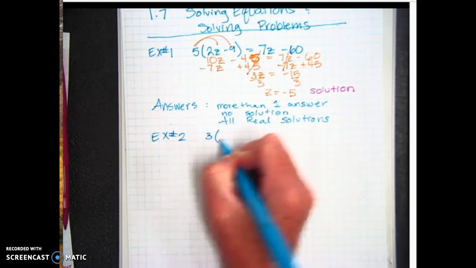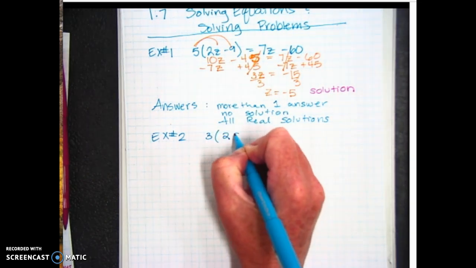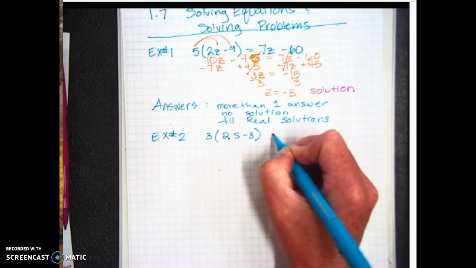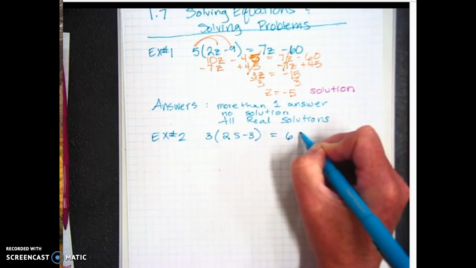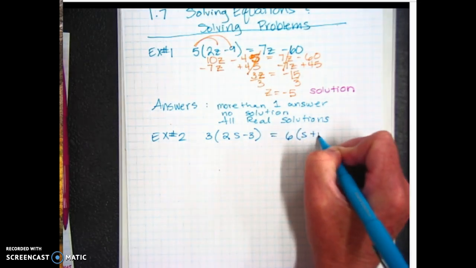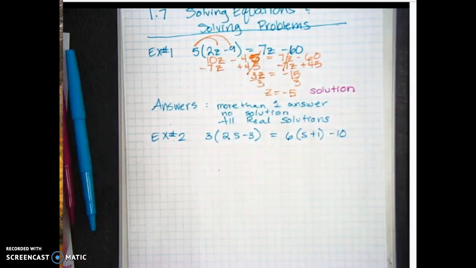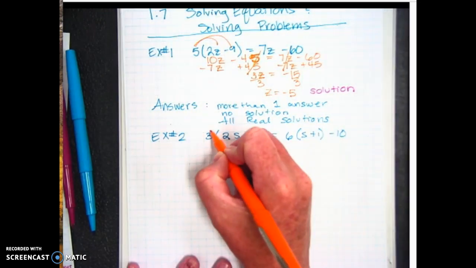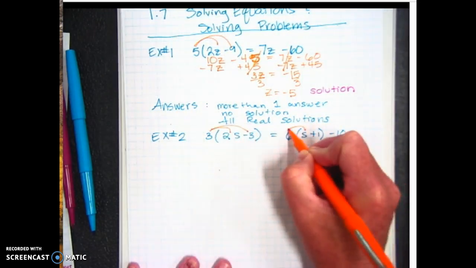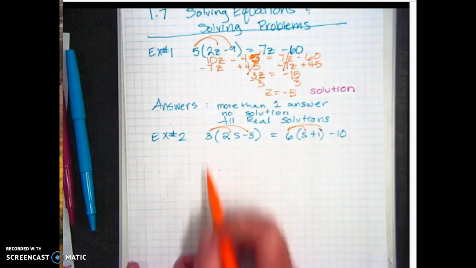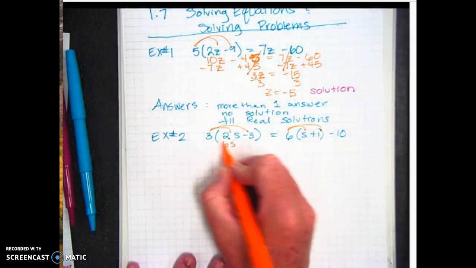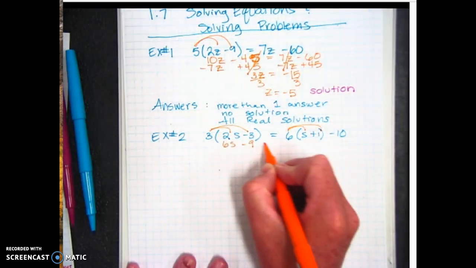So example number 2. We're going to have 3 times (2s minus 3) equal to 6 times (s plus 1) minus 10. And just like example number 1, we've got sets of parentheses, so we need to distribute both sides of the equal sign. 3 times 2s is 6s. 3 times negative 3 is negative 9.